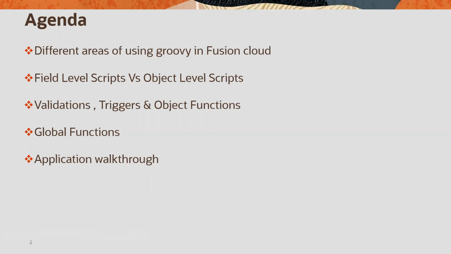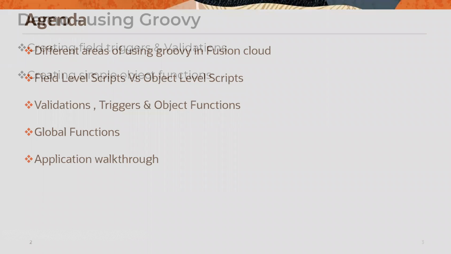The difference between these four terms we will see, and finally in the application we'll go through and try to create a few simple scripts to understand what is a validation, what is a trigger, what is an object function.